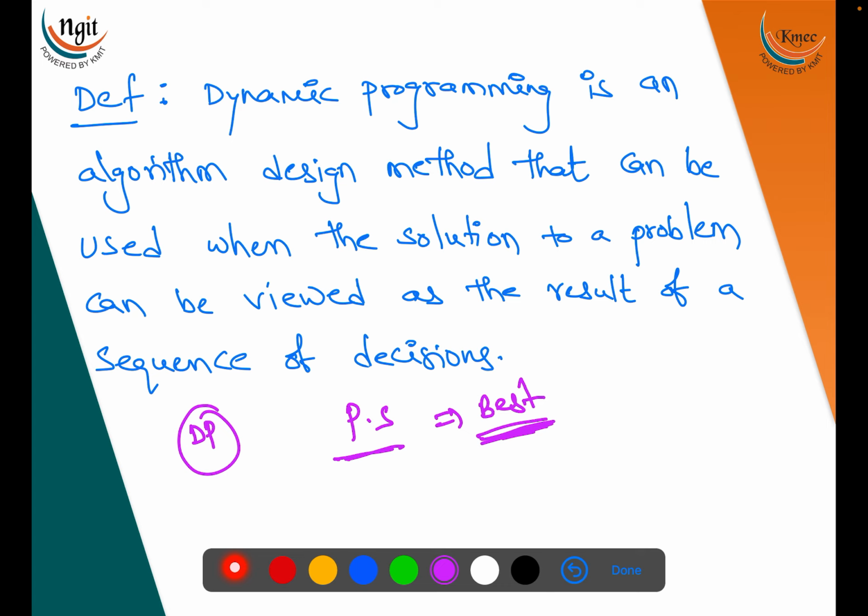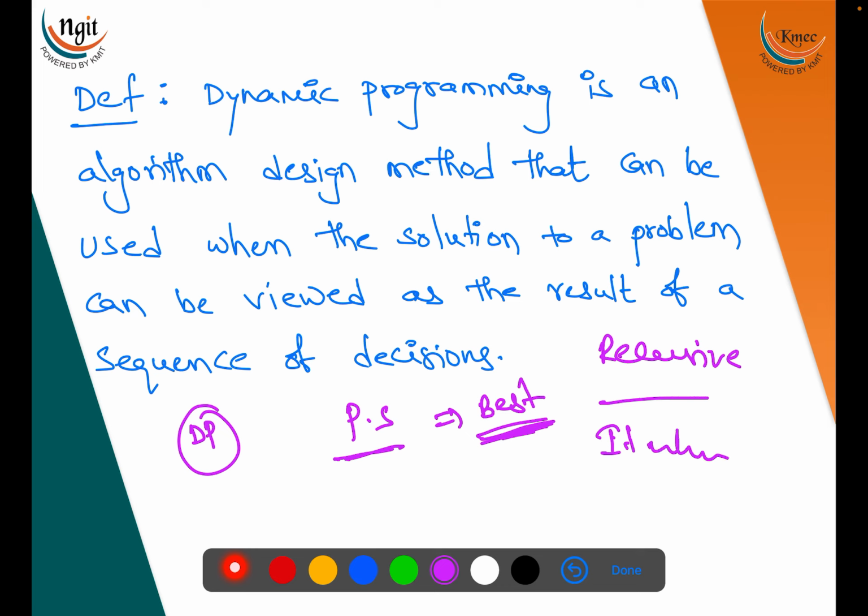Mostly, dynamic programming problems are solved by using recursive formulas. Though we do not use recursion in programming, the formulas are recursive. If we want, we can use recursion also, but mostly they are solved using an iterative procedure.